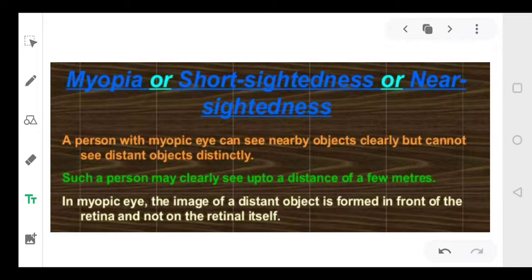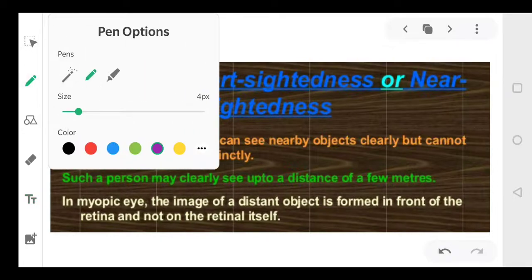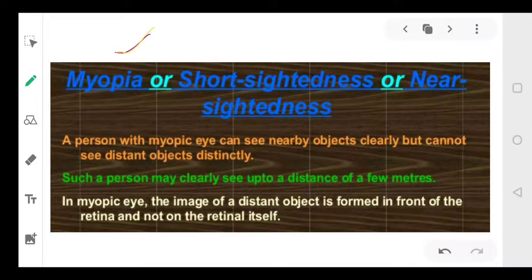Myopia is also called short-sightedness or nearsightedness. So we have three names for this defect: first is myopia, short-sightedness and near-sightedness. As the word makes clear, near-sightedness.